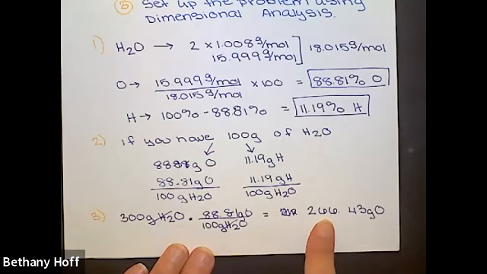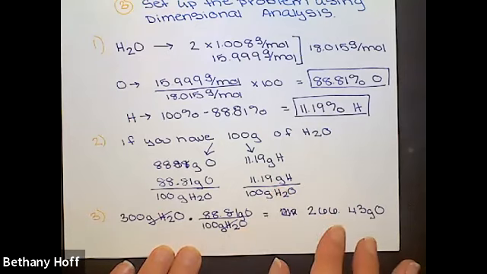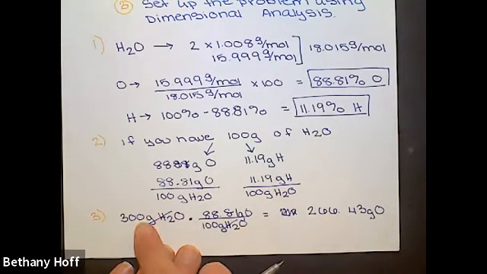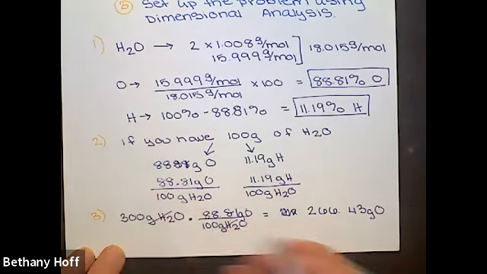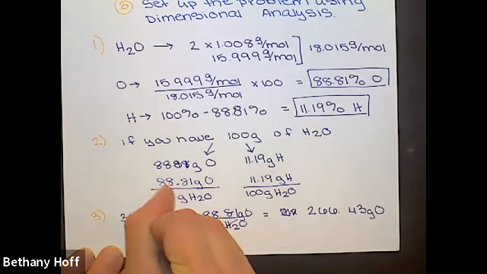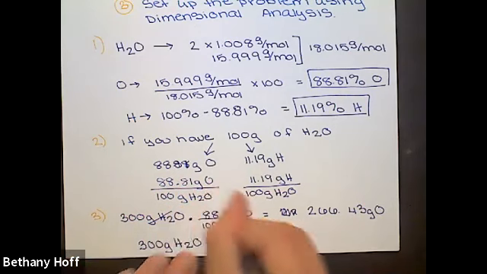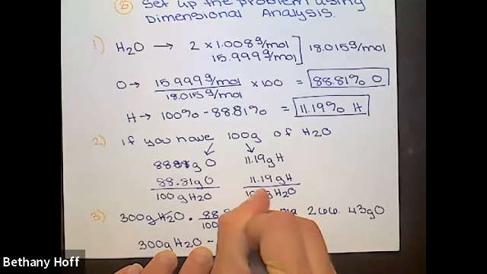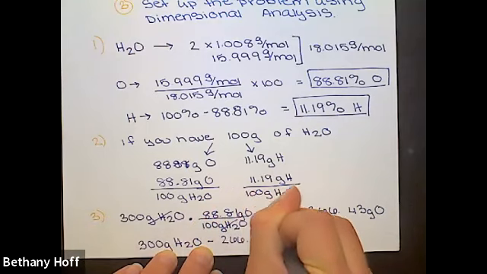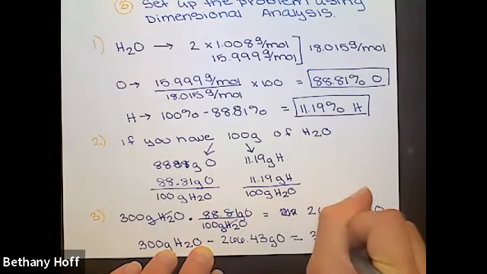Now, you could set up the problem again using hydrogen. That would be completely fine. But because there are only 2 compounds that we're looking for, they should add up to the total mass. So we could do something similar to what we did up here, except you're going to take your 300 grams of water, and you're going to subtract your mass of oxygen, and that will be equal to your mass of hydrogen.